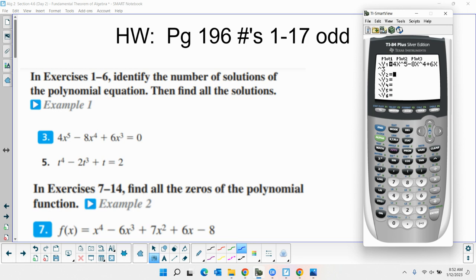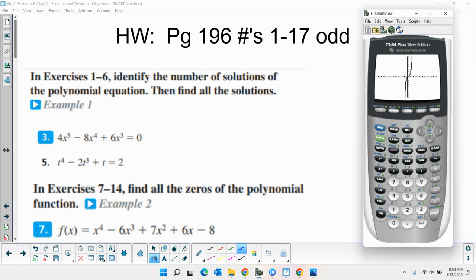Okay, but we'll just use the calculator. All right, so that's kind of weird looking because it looks like it goes through 0, 0. But I think it bounces off of 0, 0. It's just hard to tell.